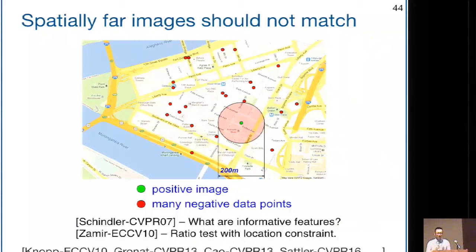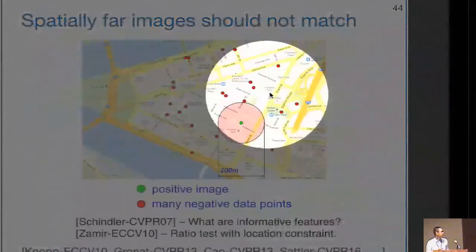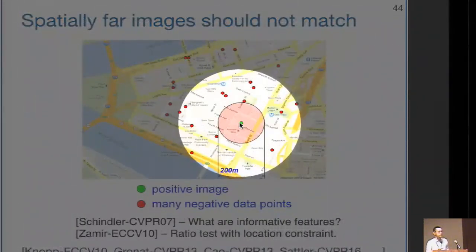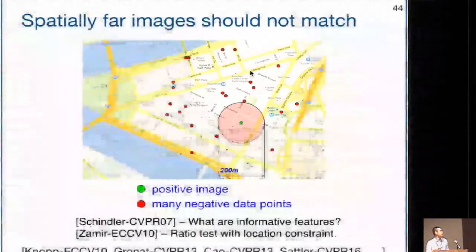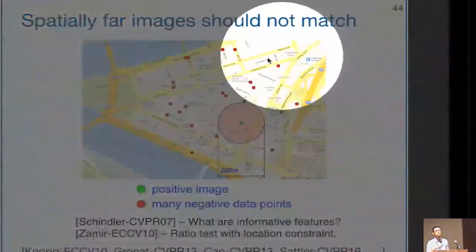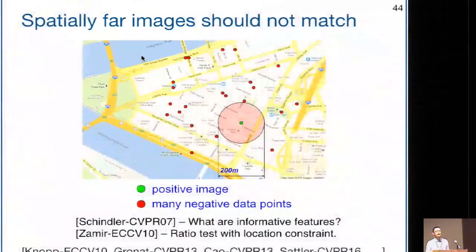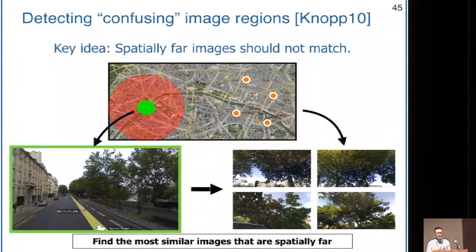This is simple, but it's a good idea, I think. For example, if you extract some features on the image here, the feature should not match from elsewhere if it is distant. This idea has been used in earlier works, and based on this idea, we can do many things.